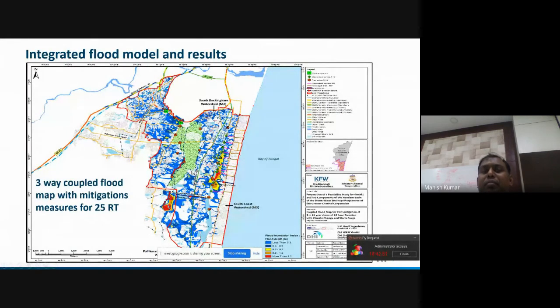For pluvial flooding, we have also generated the drainage network map of this area, with manholes all along it. For each manhole we have a separate catchment area, so thousands of manholes and thousands of catchments.